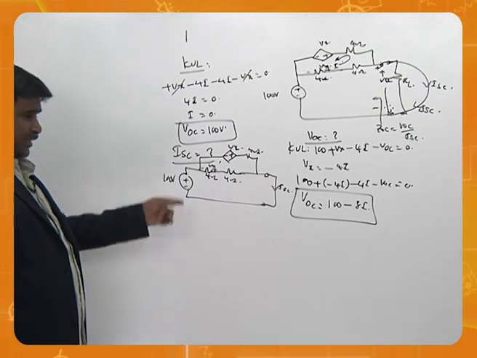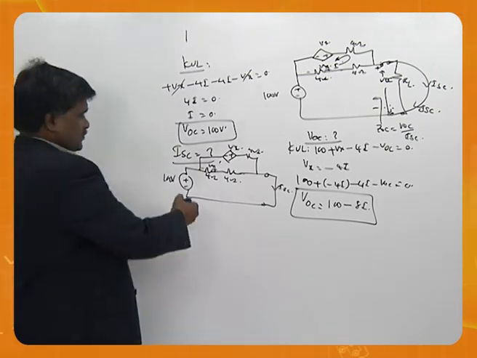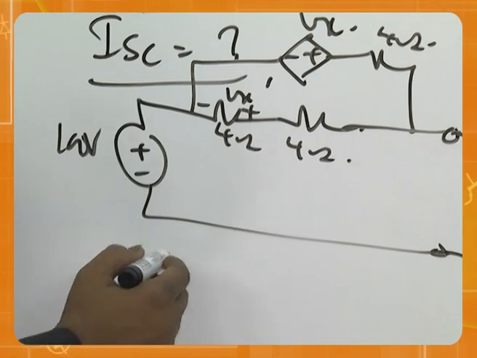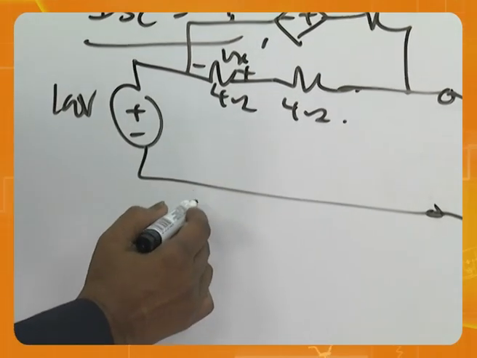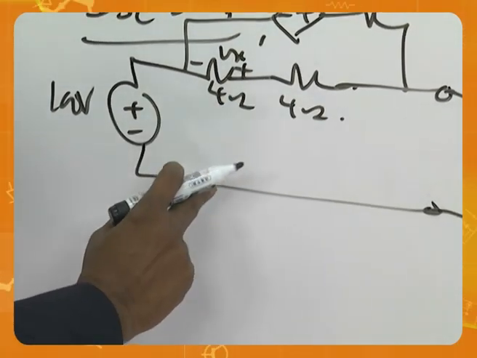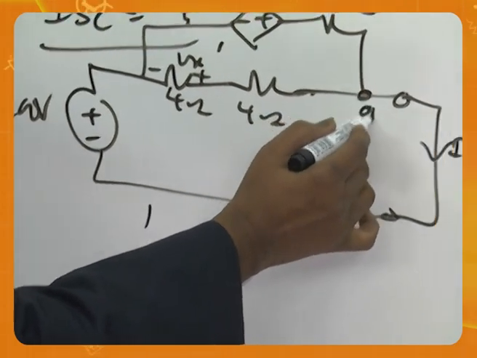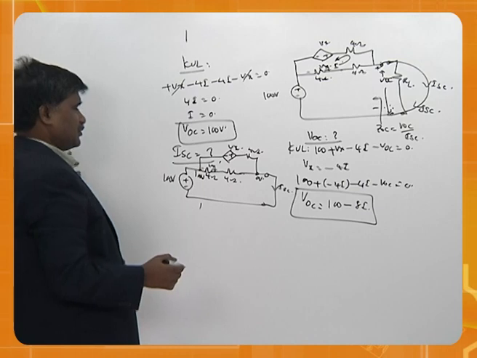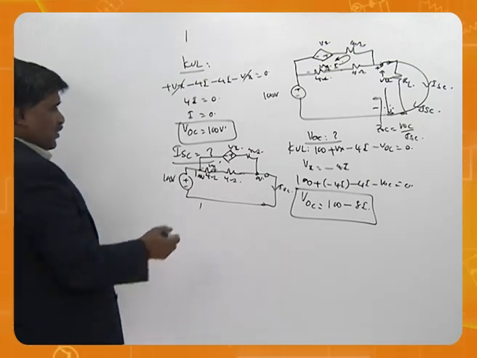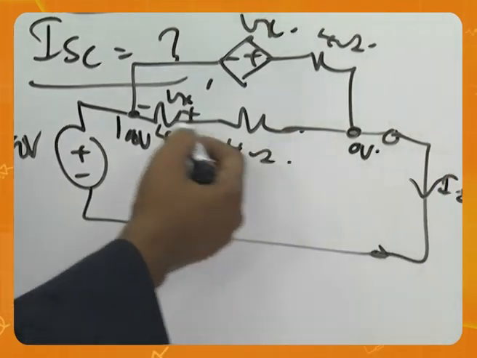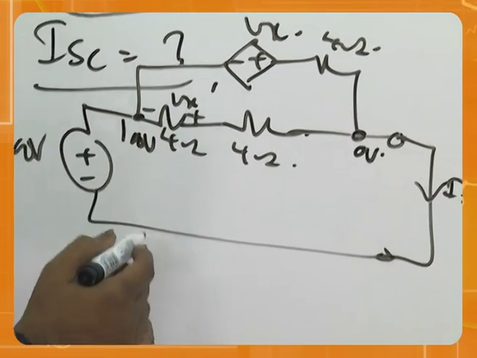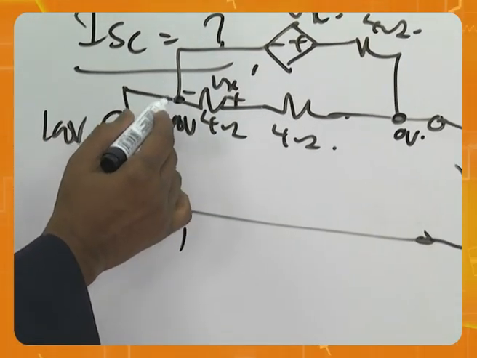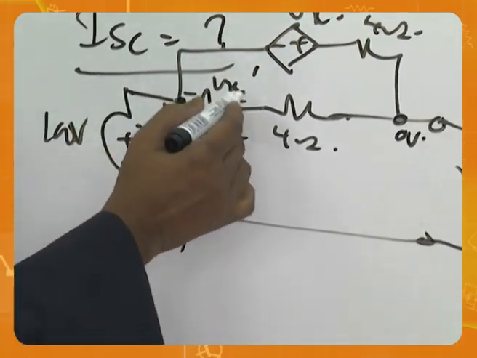If you calculate ISC, then substitute whatever ISC comes. Suppose this is 0 volts, this is 100 volts. You can apply KCL, how much current is entering and how much is leaving. There is a direct voltage here, 100.